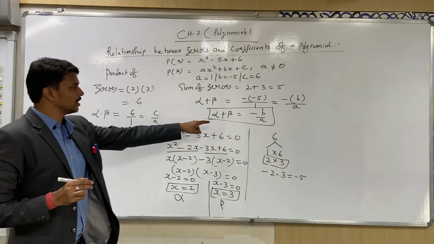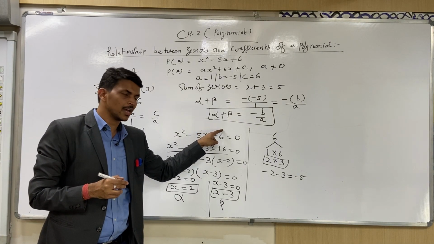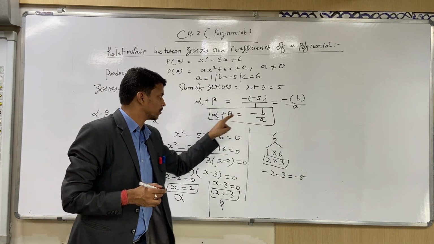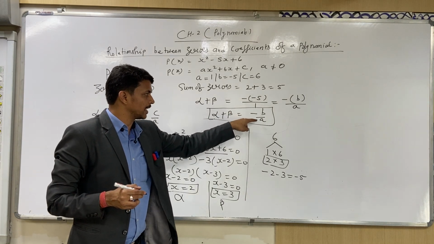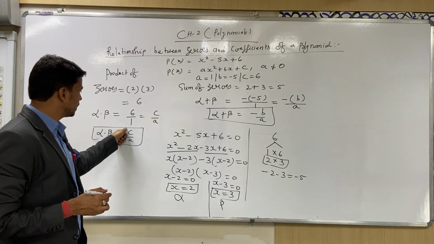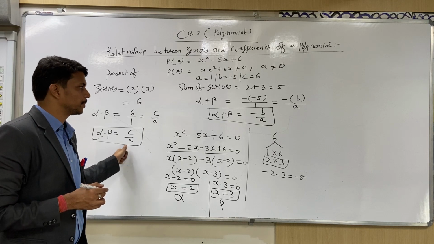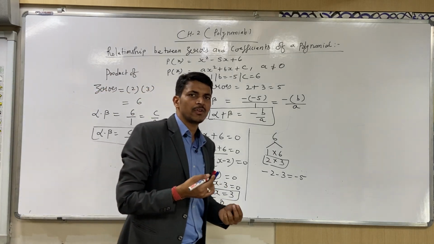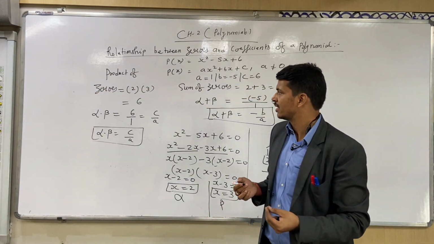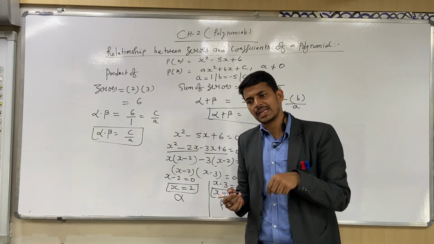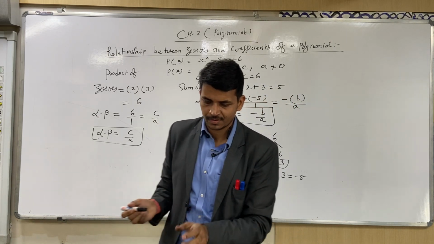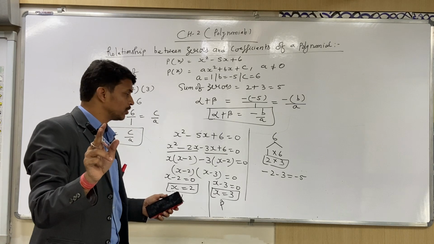So we got the two relationships, everyone, in the form of formulas, and the relation with the coefficients also. That is alpha plus beta is equal to minus b by a, and alpha into beta is equal to c by a. Now what type of question will be asked to us? Let me take one example. Again we will talk about that. We have to remember two things, everyone.